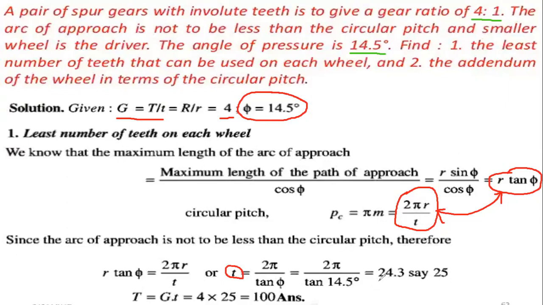So by substituting all these values, we got 24.3. Then we need to round off this figure because the number of teeth is a whole number. So we go to the next value, that is 25. So 25 is the teeth value.